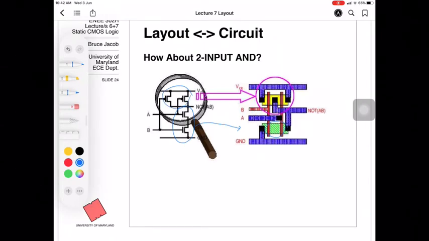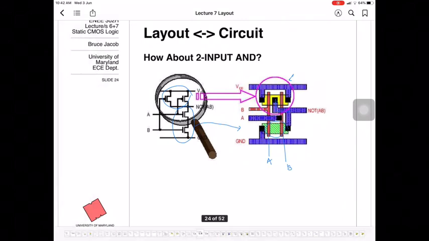So this PMOS is in parallel here. You can see the connection here like this, and this is A and this is B. So this is in series, and this connection here is in parallel.